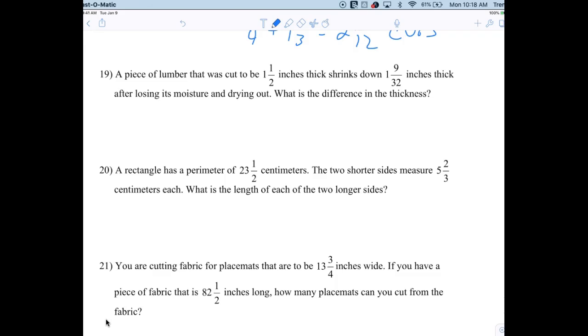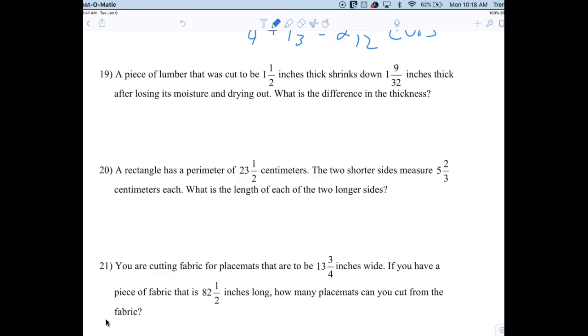All right? So what do I do on this? Exactly. Subtract them. She's got it.